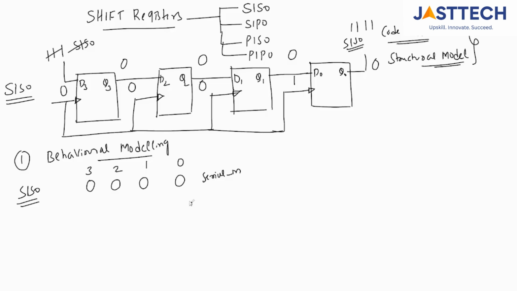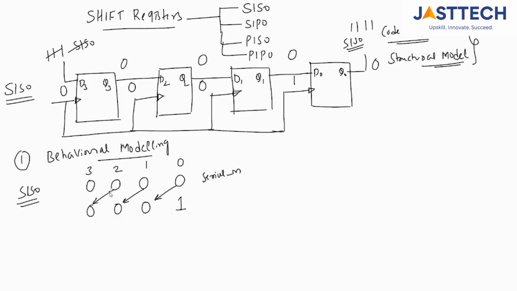So the first 1 will be loaded in this state and the rest will be shifted. Initially this 0 will be shifted, and this 0, and this 0, and this will go. So this is left shift.